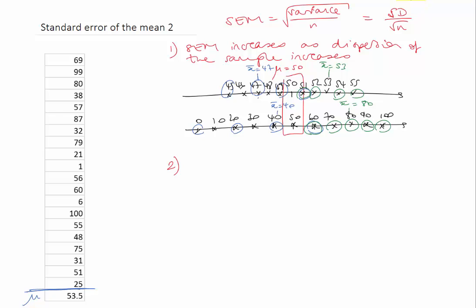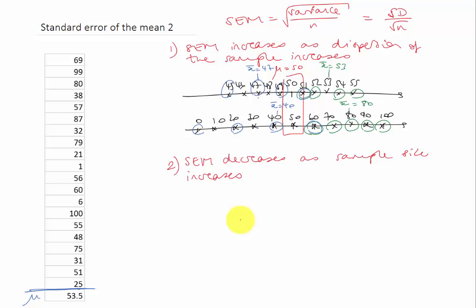And now my second point here is that the standard error of the mean decreases as sample size, so that's our n here, increases. So this is the idea that the more samples you've taken, the bigger your sample, then the closer your sample mean is going to be to the true population mean.